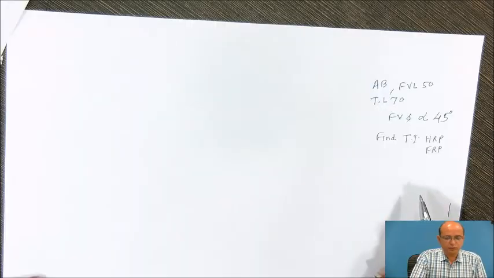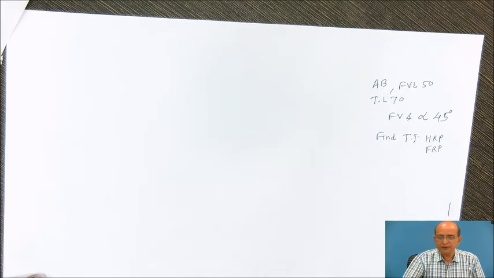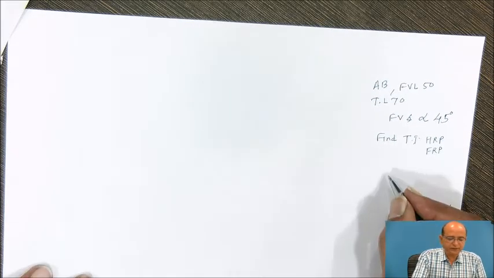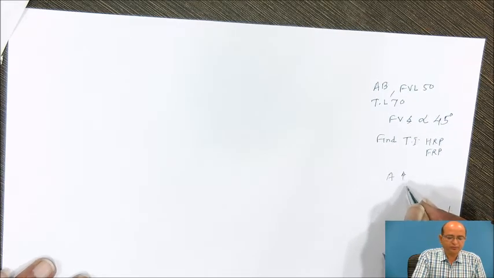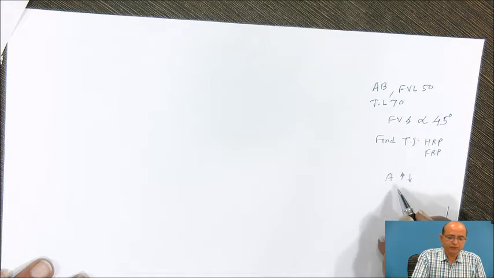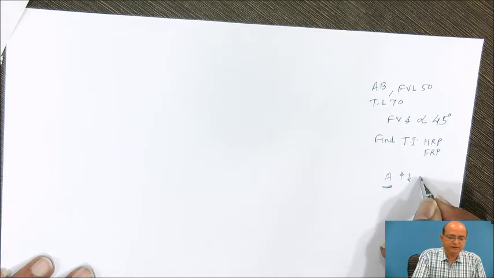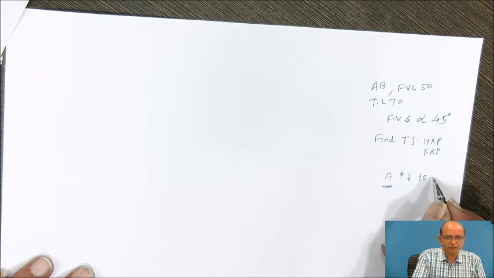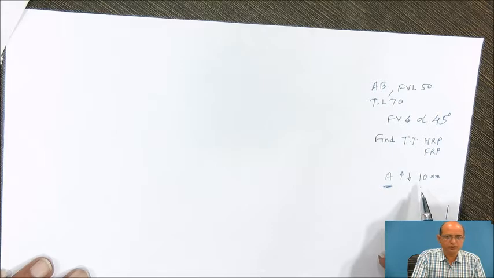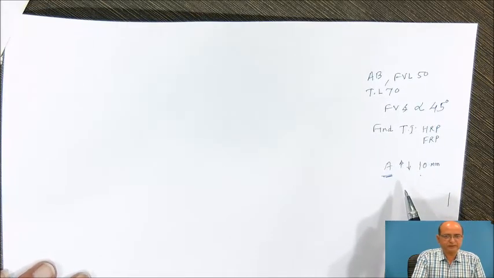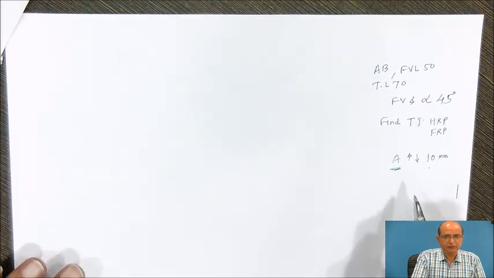We will consider the position of A as 10 millimeter above HRP and in front of FRP. So point A is given at a distance of 10 millimeter from both reference planes, above HRP by 10 and in front of FRP by 10 millimeter.